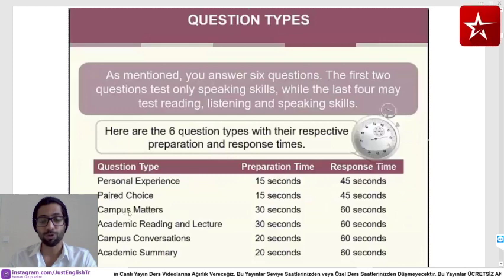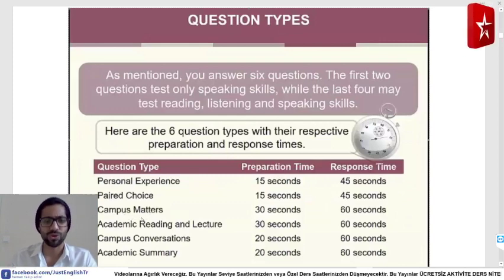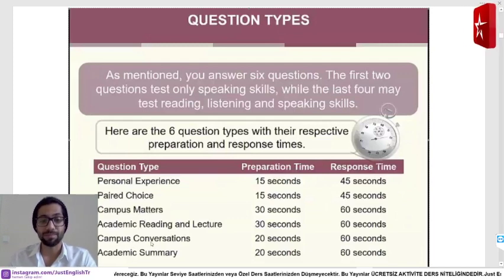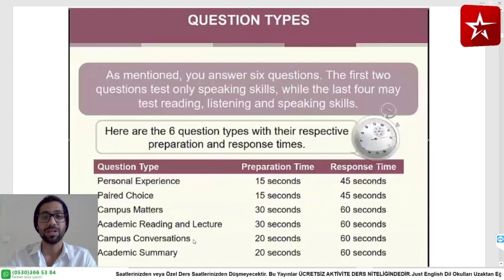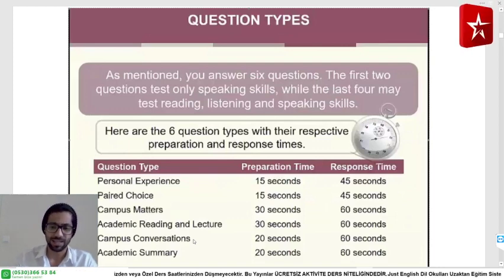They are both listening, and I believe there will be reading and also a speaking in the end of it. And the other, only the Canvas conversations and the academic summary, is going to be a listening first, then after that a speaking.